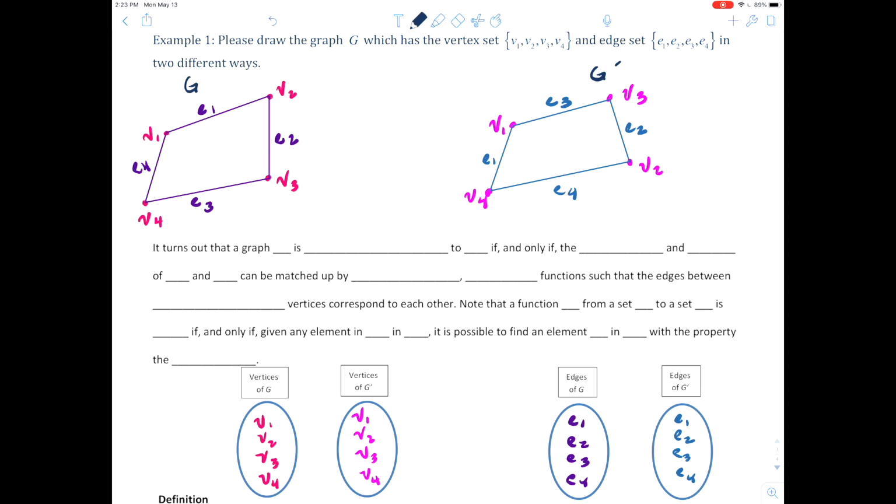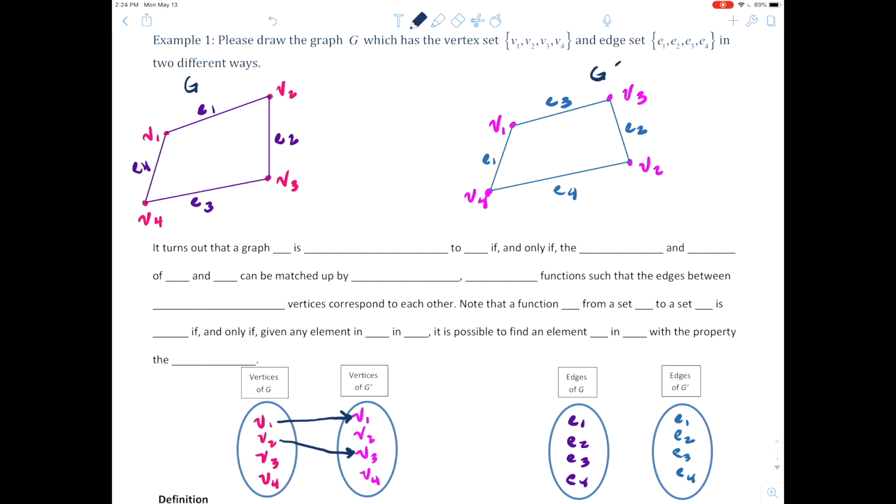Here, one real easy way to see is when I constructed my graph, do you see that I switched the vertices? So if I go vertex to vertex and take a look at this, V1 is still in the same spot in both graphs. So in G, V1 maps to V1 of G prime, but V2 in G maps to V3 in G prime.